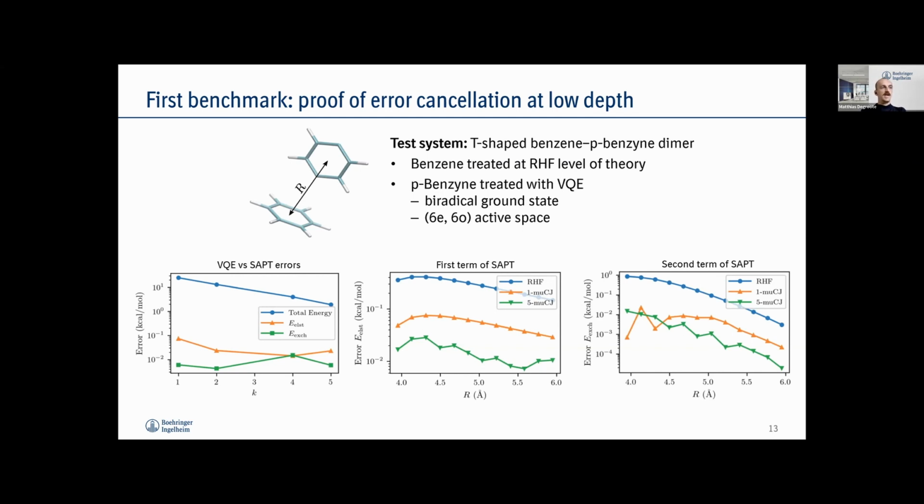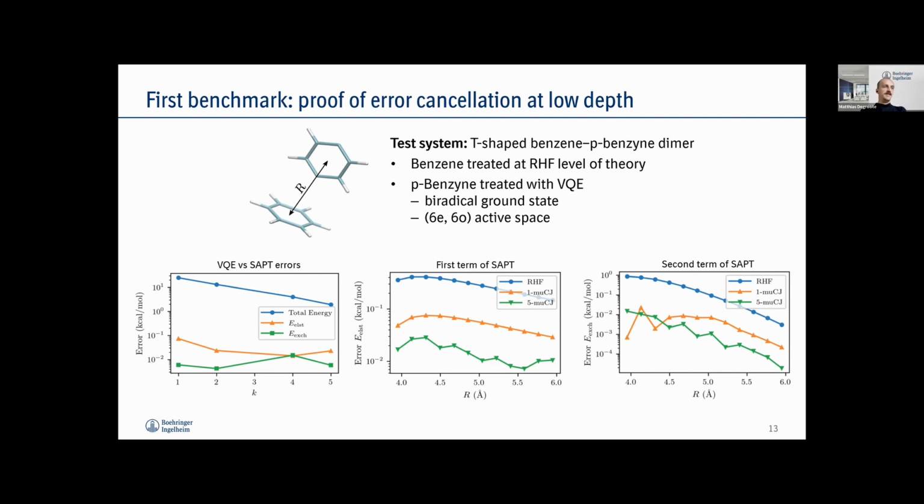And if you then look at the 2 terms that we have in SAPT, which is the electrostatics and the exchange, you see that even at k equals 1, you're 1 or 2 orders of magnitude below this chemical accuracy. And you're also seeing that it doesn't change too much with the number of layers.